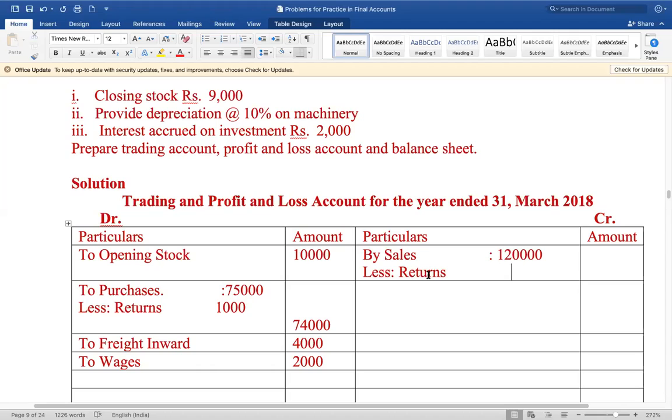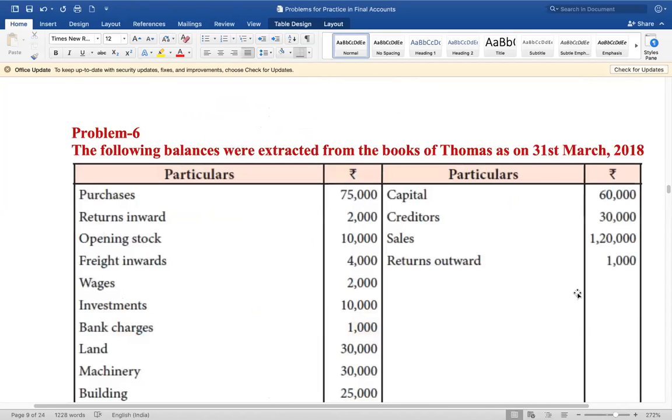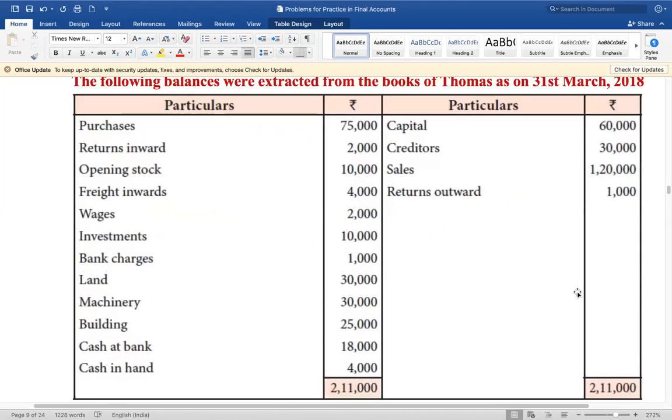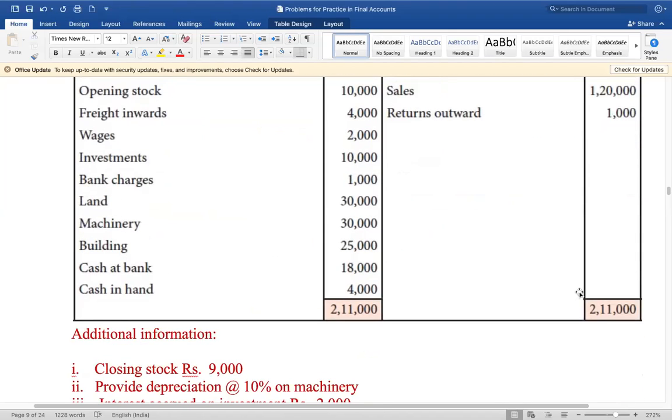So less returns 2,000, and the net amount is 1,18,000.